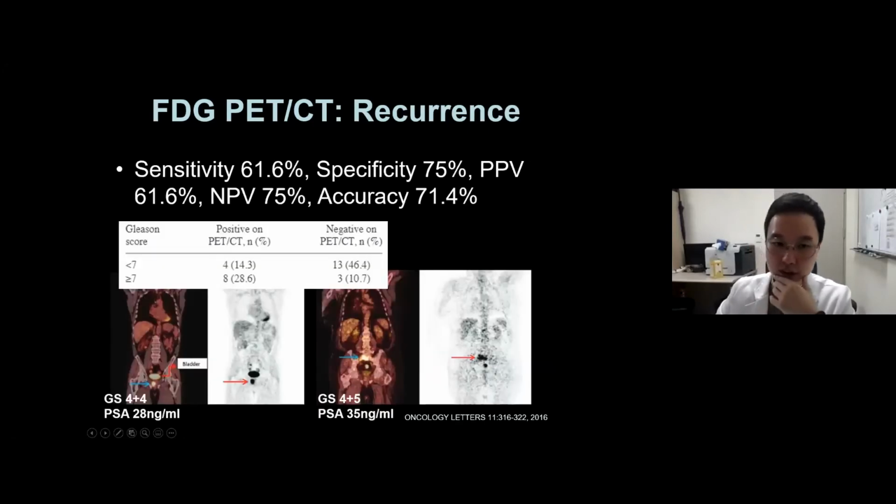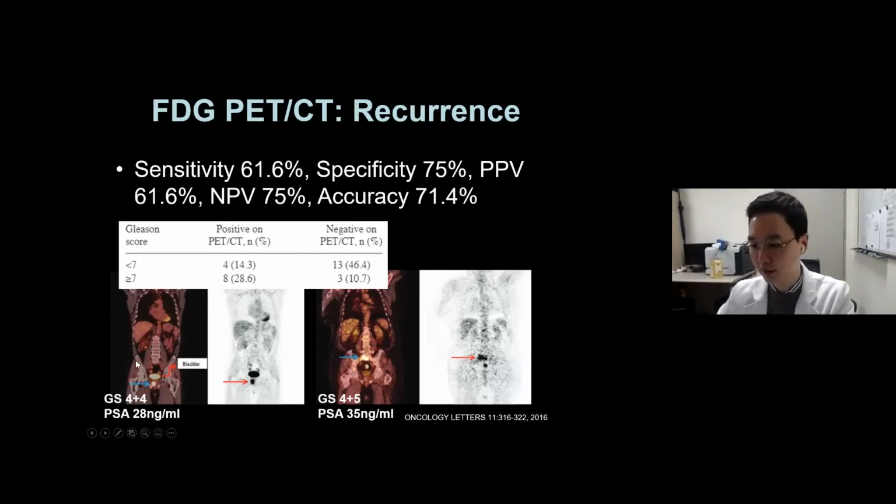And for recurrence, FDG PET is considered useful in reassessing after definitive therapy. This might also be more useful in patients with a higher Gleason score of the primary tumor.